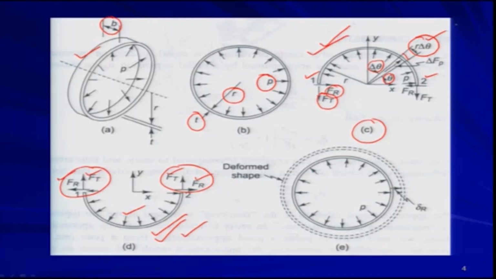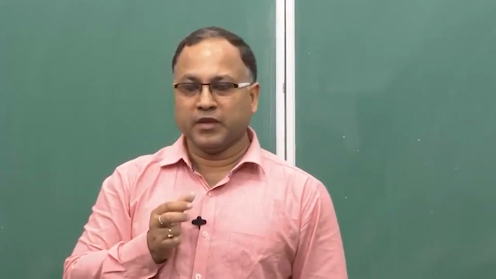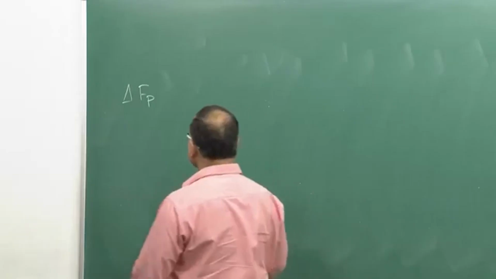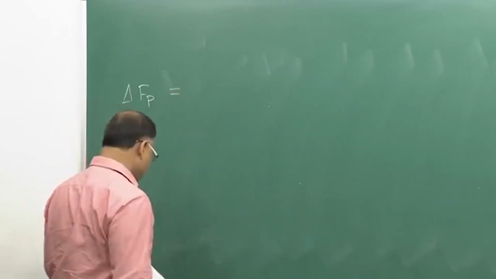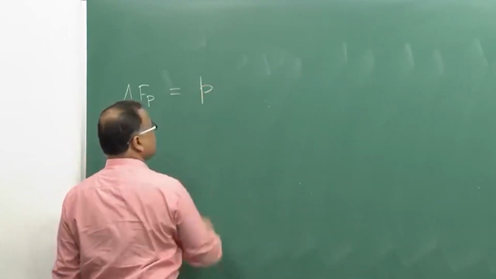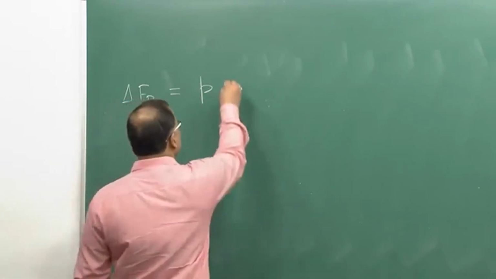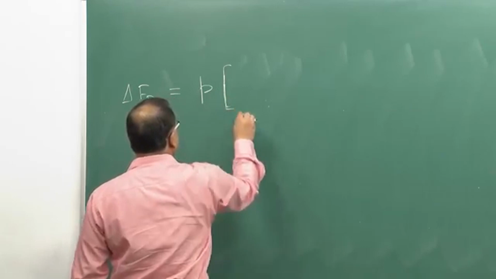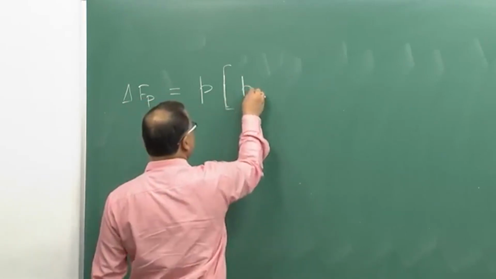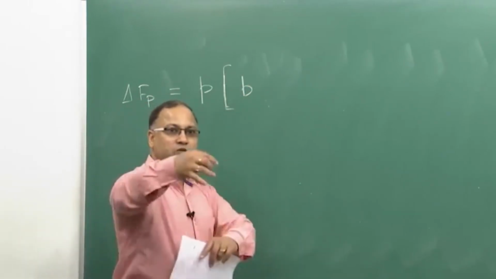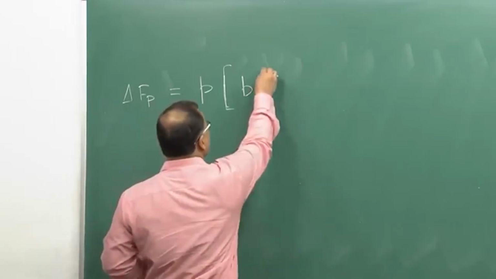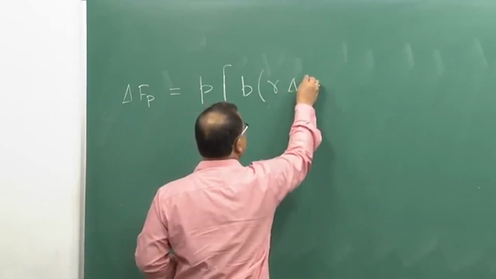This is your delta Fp, the radial force acting on the small segmental area, and it can be quantified as delta Fp equal to the pressure, the internal pressure acting on that small area. And what is that area? That area is given by B, the width of the hoop, multiplied by r into delta theta.